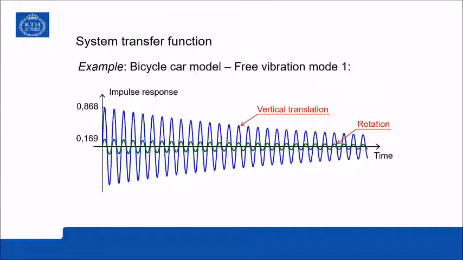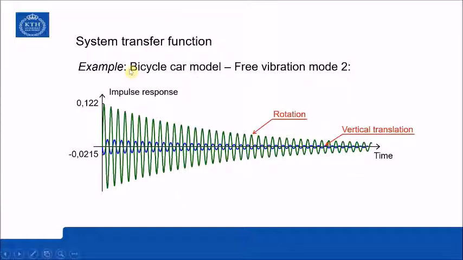And for mode 2, we do it in a similar way, but now this green curve should be the translation and the blue curve should be the rotation. So note now that these are misplaced. So here should be translation and here should be rotation. And as I said before, they are in opposite phase. They have different signs.